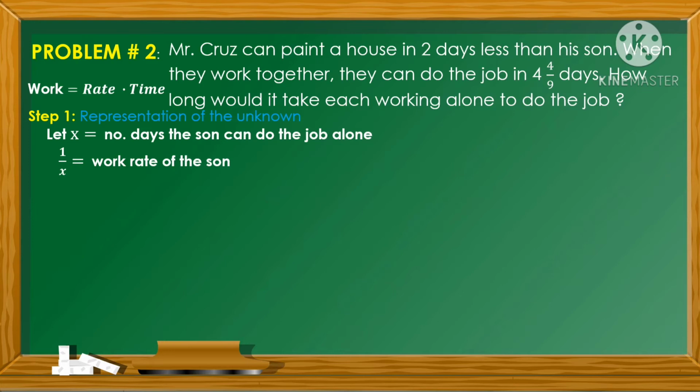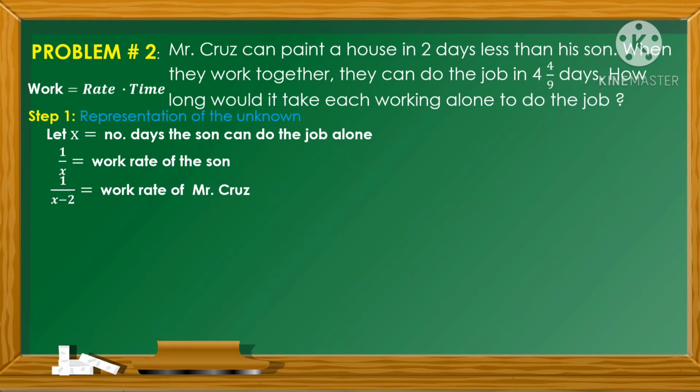Kaya 1 over x, yun yung work rate ng son. Kasi kung i-manipulate mo itong formula na work equals rate times the time, makukuha mo ang rate niya sa work, complete work over the time. Gaano naman kabilis si Mr. Cruz sa pagpipaint ng house? It should be 1 over x minus 2. That's the work rate of Mr. Cruz.